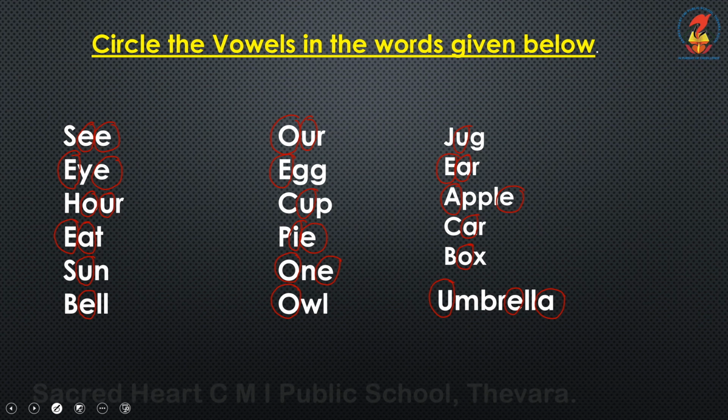Owl, O-W-L, owl, so O is a vowel letter. Jug, U is a vowel. Then E-A-R, E and A are the vowel letters. Then apple, A-P-P-L-E, A and E. Car, A is the vowel letter. Box, O. The last one, umbrella, U, E and A are the vowel letters.